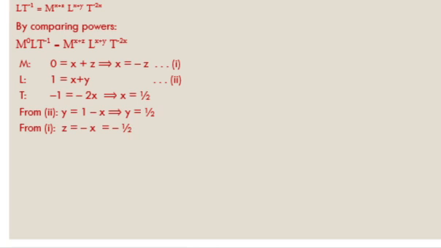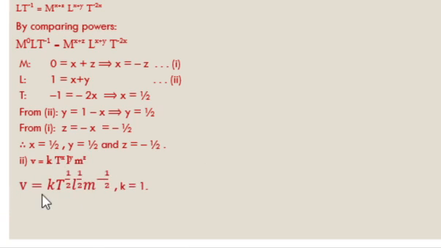And since we've gotten the constants x, y, z, we then substitute them into the general equation. Initially we were asked to look for x, y, and z, which we have done. That is equation 1. Equation 2 says we should find the form of the equation, and for us to get the form of the equation means that we have known the constants. So the constants are known. We substitute into the equation. We have V equals K, T raised to power half times L raised to power half, because y is half here, times M raised to power minus half, z is minus half, and K is 1.